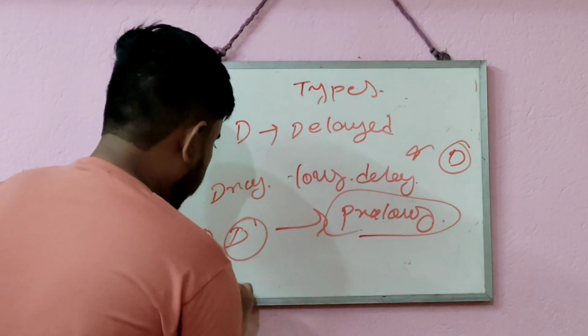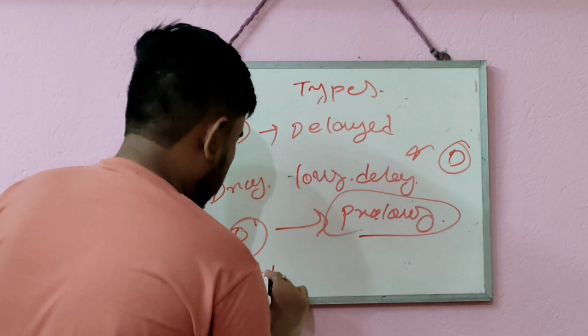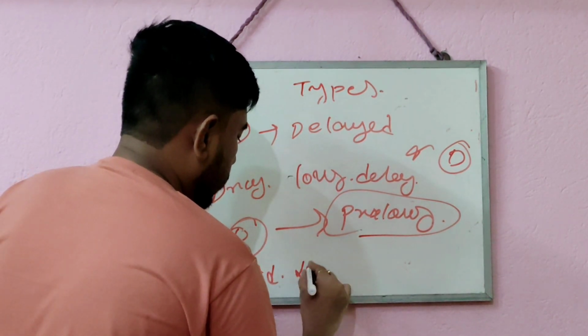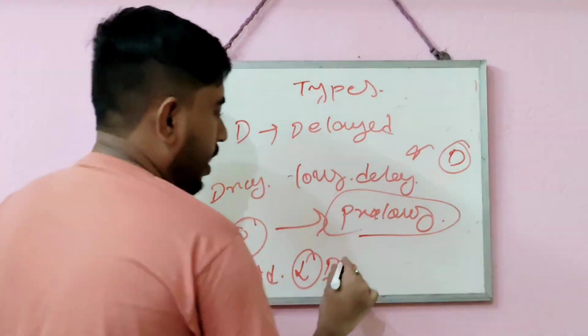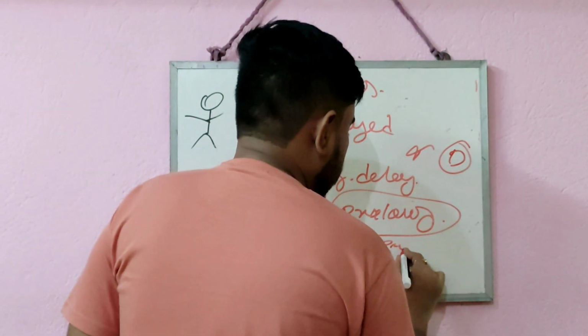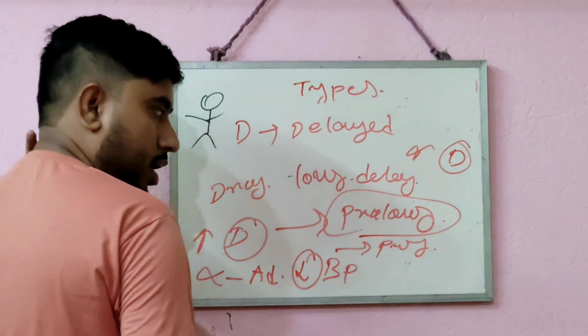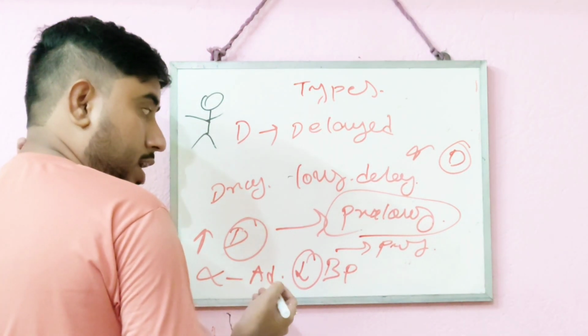An example is alpha adrenergic drugs, which are generally used to treat BP. When taken by pregnant women, they can cause the death of the fetus.